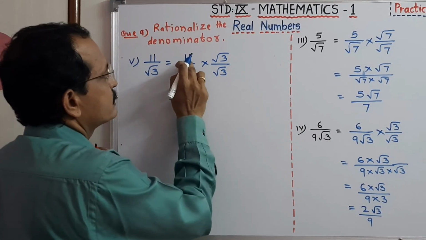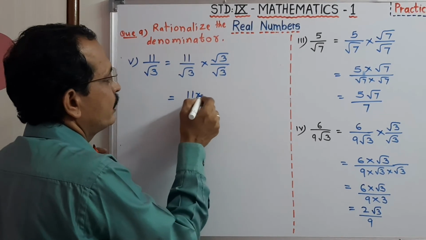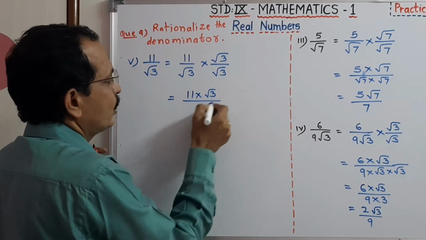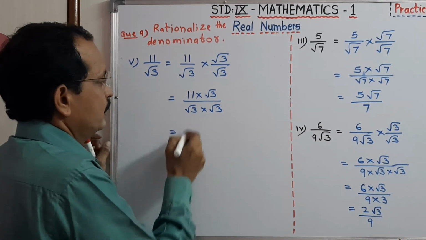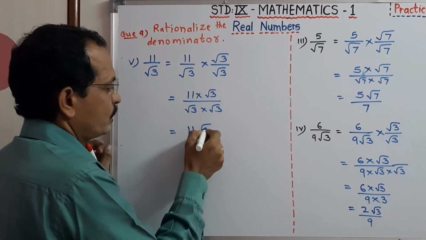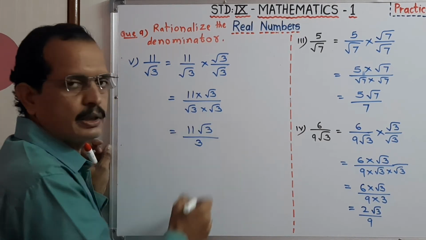We multiply this numerator with root 3 and denominator with root 3, 11 into root 3 upon root 3 into root 3. 11 root 3 upon root 3 into root 3, it is 3.